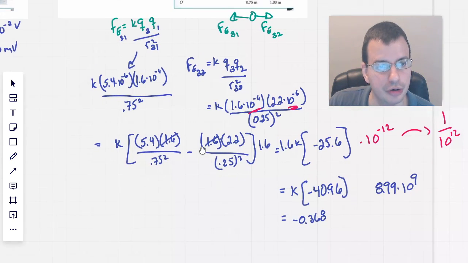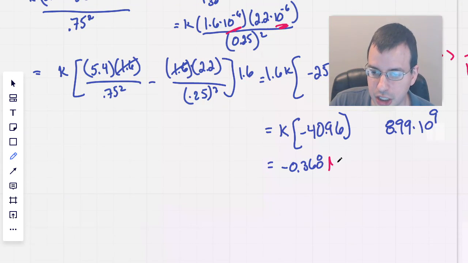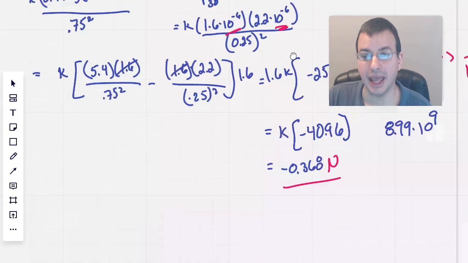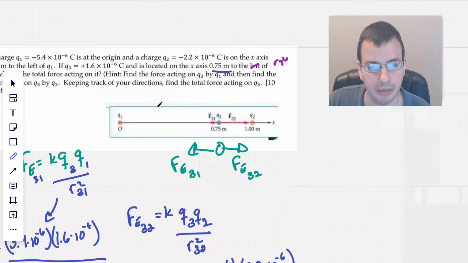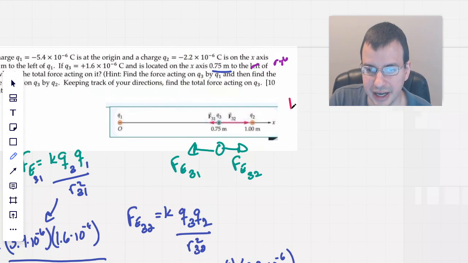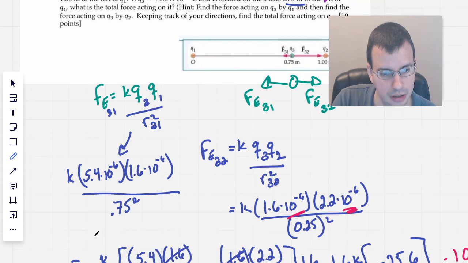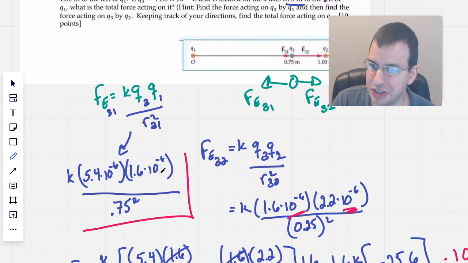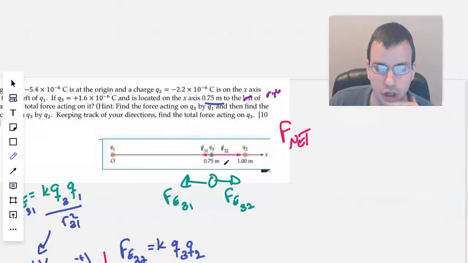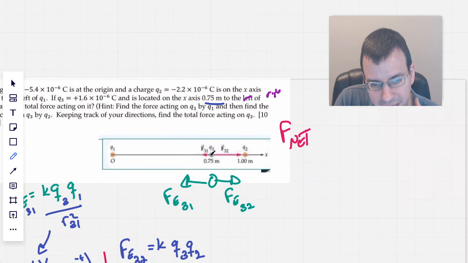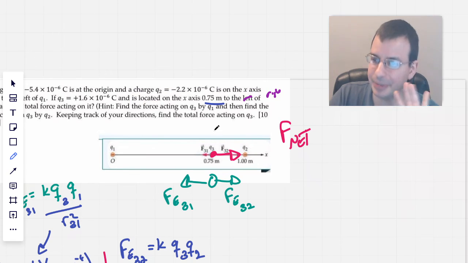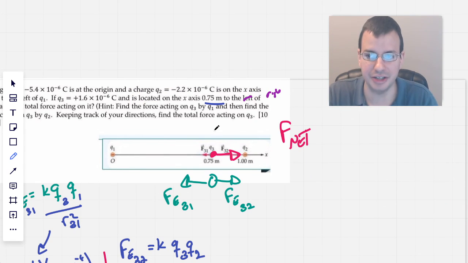Find out what we found real quick. We're finding force, and so this will be newtons. And so, force net. Since I had the force 3-1, which is this portion right here, as the positive, and I got a negative answer, the negative for this would actually be this direction. So it's the opposite of what I had as the positive force.